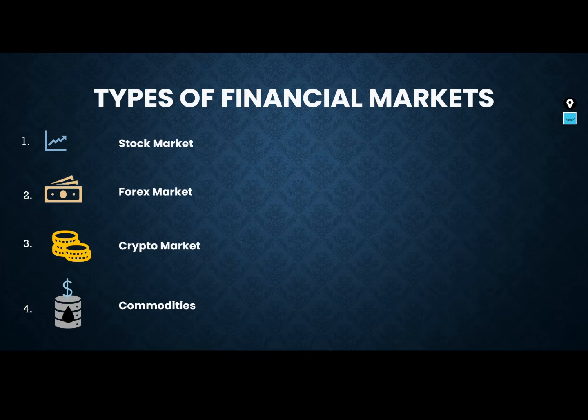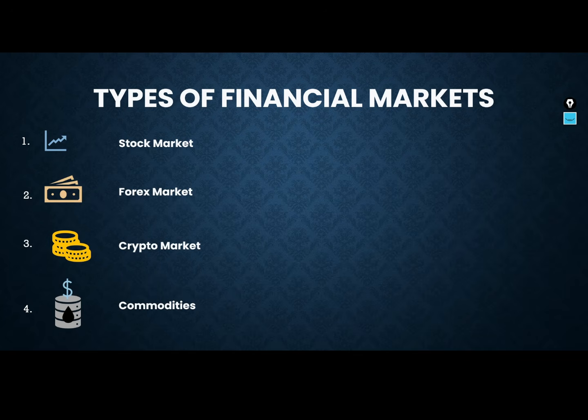Here traders buy one currency while selling another. Example: EUR/USD, GBP/USD, USD/JPY. It is the largest financial market in the world. The cryptocurrency market is used for trading digital currencies like Bitcoin, Ethereum, etc. Unlike the stock market, the crypto market operates 24/7.